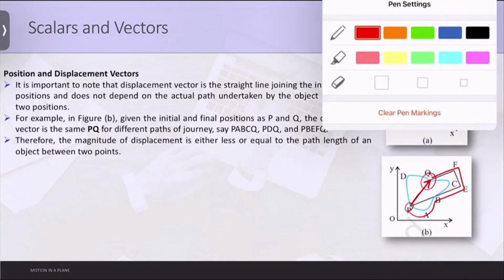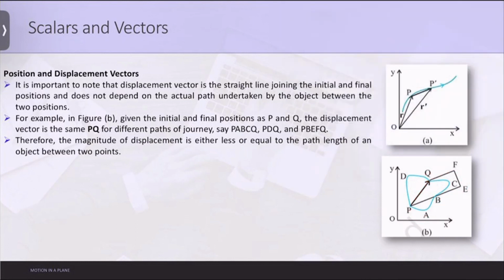Okay, so in the last two slides, what did we understand? We understood the position vector and the displacement vector. What is a position vector? Let us take any position P here. Then the vector drawn from the origin to that point is the position vector. We can denote it by R. Similarly, let us take that the position of this object has changed from P to P dash.